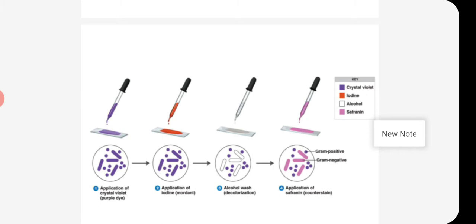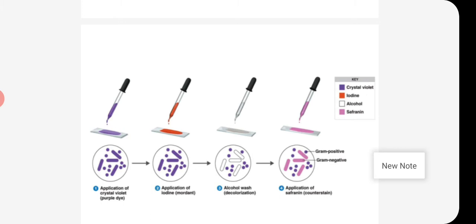Initially the two groups of bacteria retain the stain, but when we treat the bacterial cells with alcohol or acetone, the lipid content present in gram negative bacteria is large. A large quantity of lipids is present in the gram negative bacterial cell wall. The lipids dissolve in alcohol or acetone.